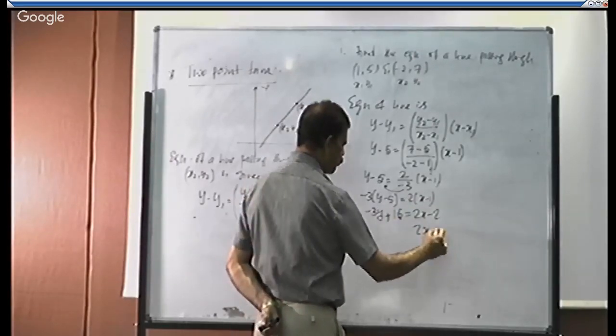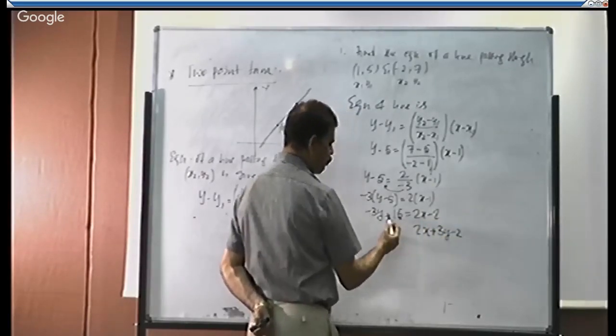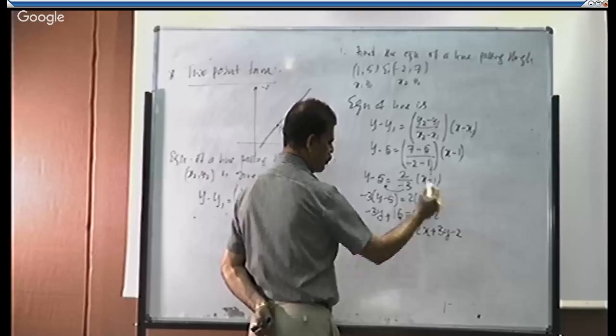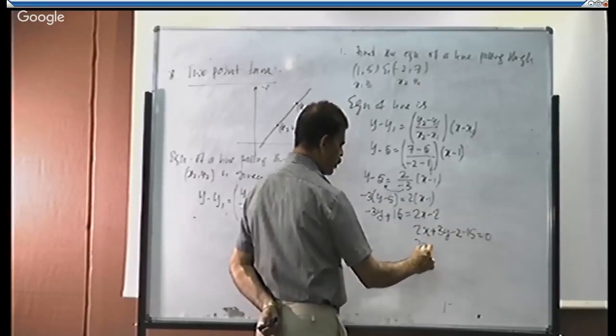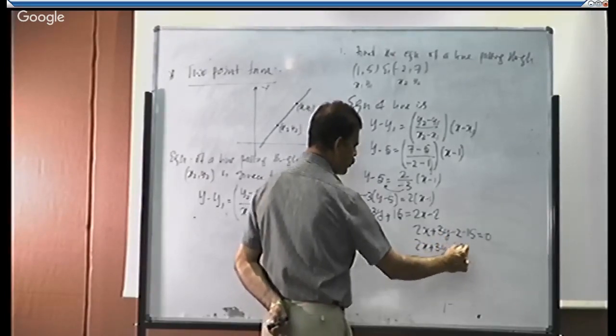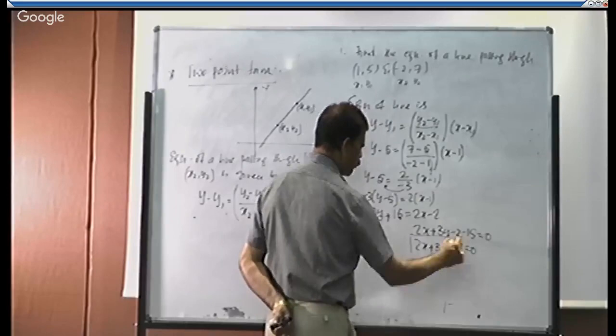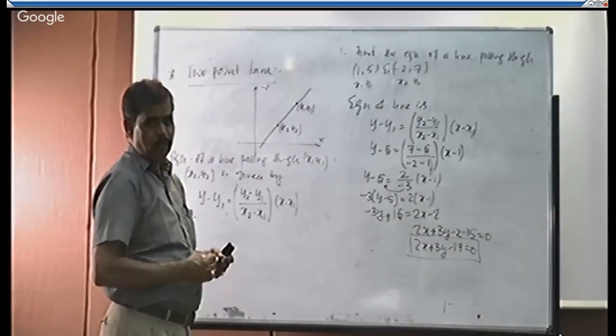It becomes 2x plus 3y minus 2 minus 15 is equal to 0, or 2x plus 3y minus 17 is equal to 0. This is the equation of the line passing through the 2 points. Okay.